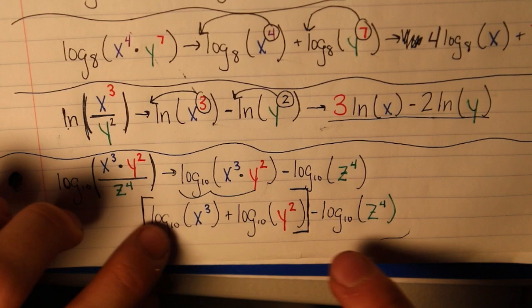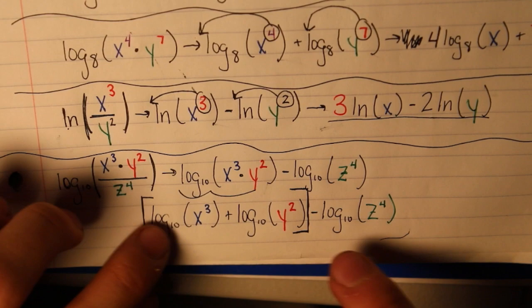So for example, if this was z to the fourth over x cubed times y squared, the brackets would still be around x cubed and y squared, but it would be on the other side of the equation, where z to the fourth is on the left and x cubed and y squared is on the right. It's going to be a little confusing without seeing it. If you need help, I can go over it before the quiz tomorrow, but I'll try my best not to give you guys any of the product rule and quotient rule combined with the denominator being affected.